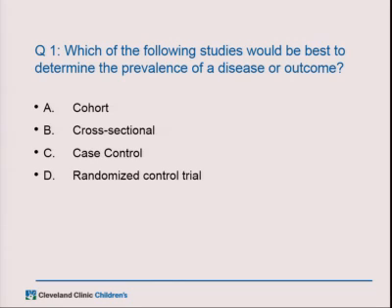There you go. All right, the cross-sectional study gives you the present. Unfortunately, they always say, what is the best? Yeah, you could probably get it from a randomized controlled trial, but that would have to be a huge trial. So the best study for prevalence is cross-sectional studies.